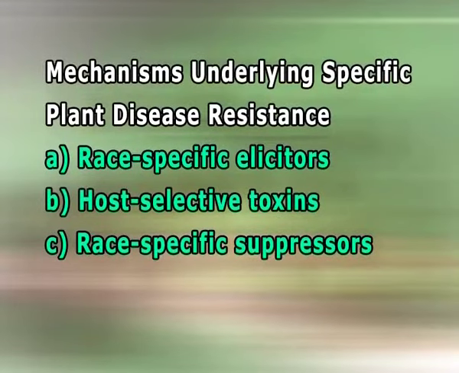Let us see the race specific suppressors. Race specific resistance can also result from pathogen production of race specific suppressors that inhibit a non-specific resistance response. To date, race-specific suppressors have been described for only a few species of biotrophic plant pathogenic fungi, including Phytophthora infestans.